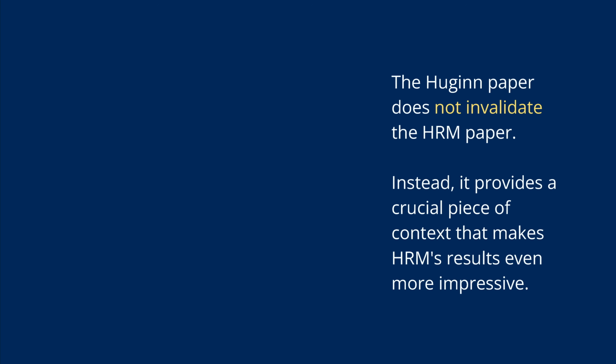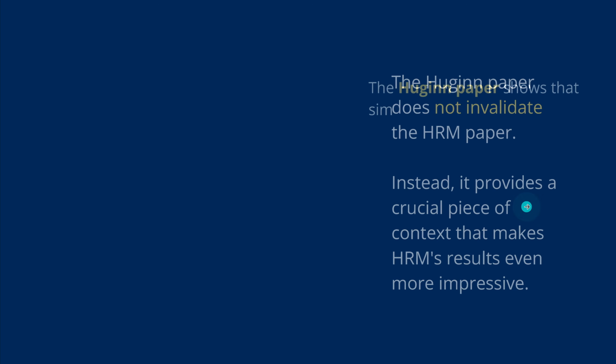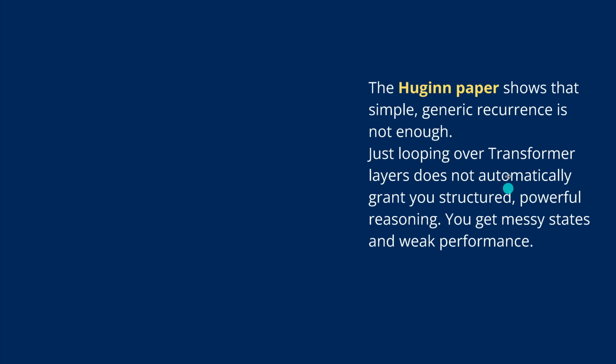Well, it's quite the opposite. It provides a beautiful piece of context that makes the result of HRM even more impressive. If you go back to my video, you see they build a much more complicated architecture. Because the Hugging paper just shows that simple generic recurrence is not enough.